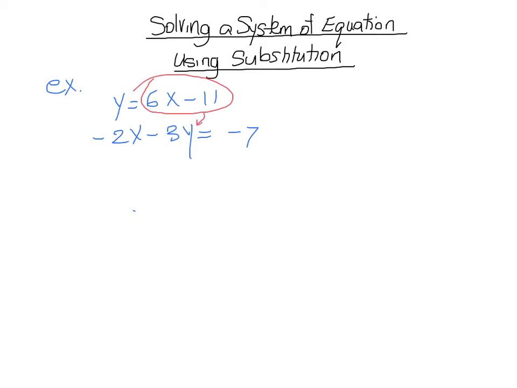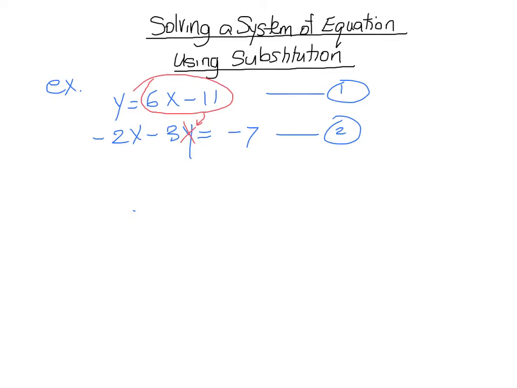So instead of putting y here, I'm going to take that out and I'm going to sub in 6x minus 11 for that y. Let's call this equation 2, and let's call this equation 1 so we can keep track here.